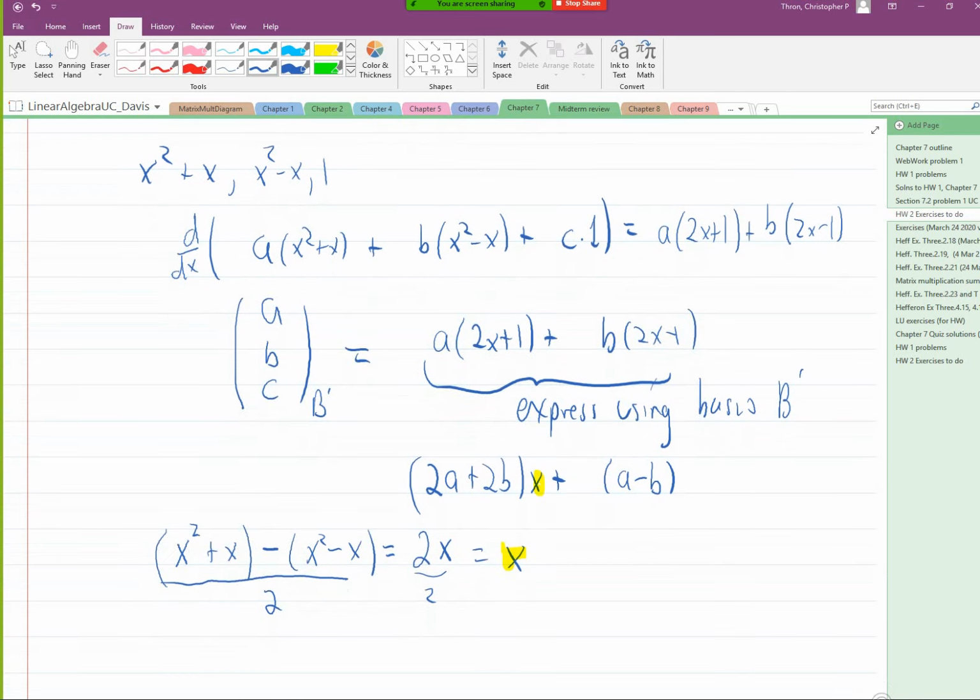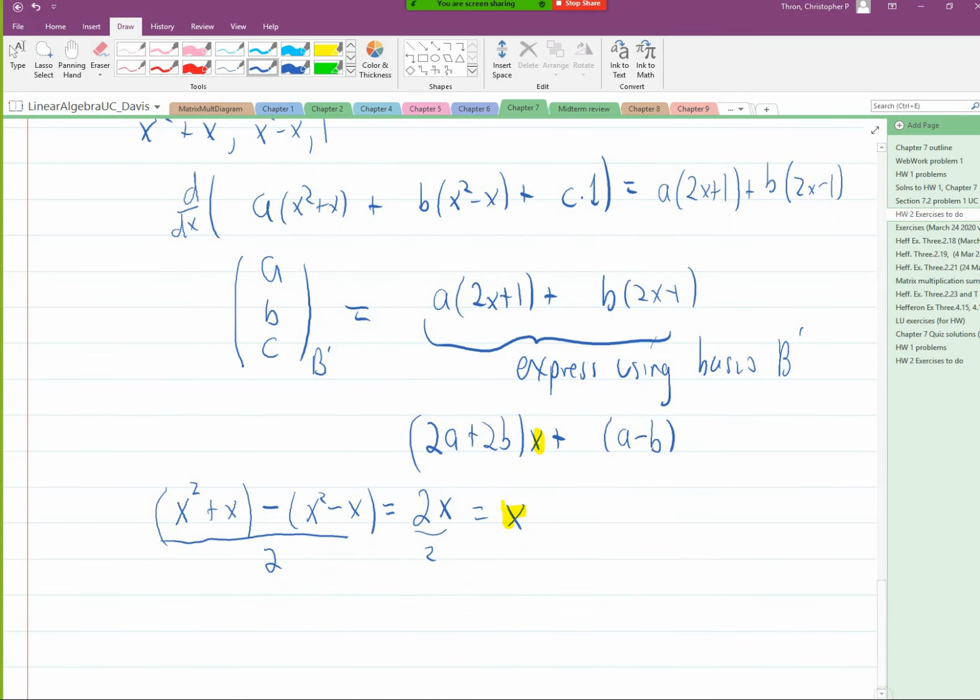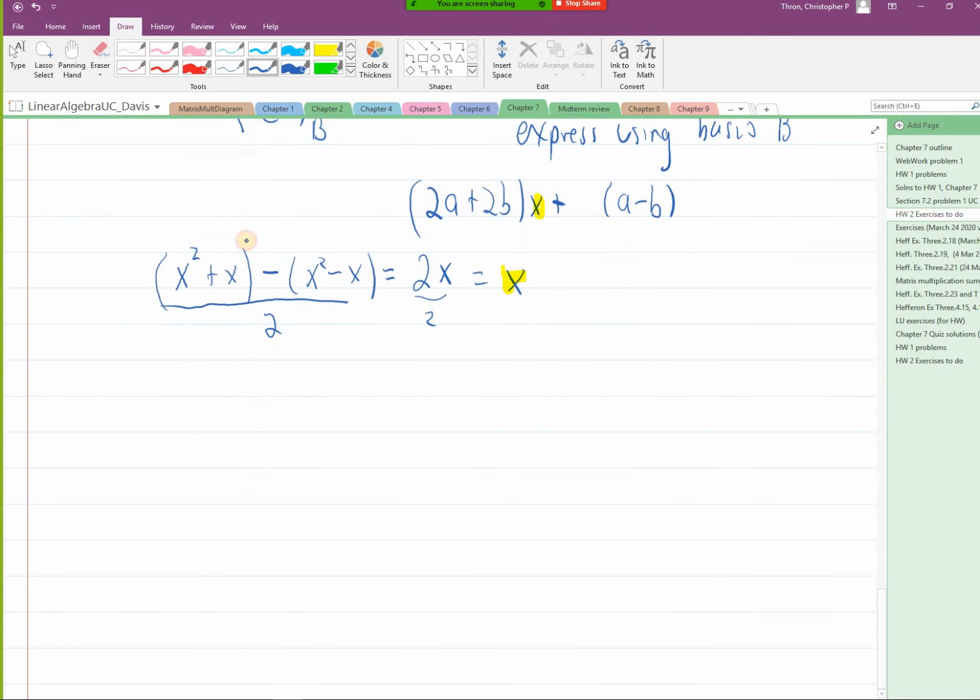We can do more of these on Friday, because I think this kind of reasoning is very good. So in fact, what I have here is 2a plus 2b times x squared plus x minus x squared minus x over 2, plus a minus b times 1.